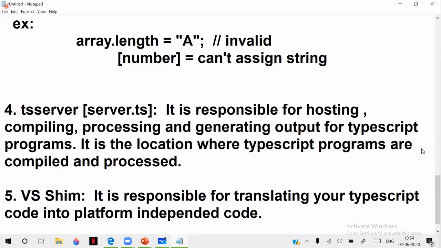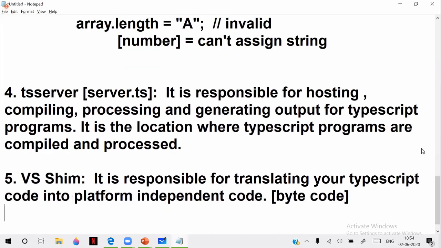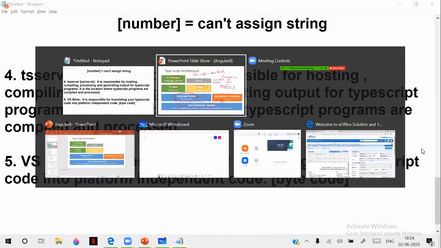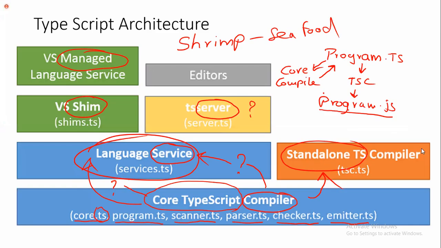Generally you call it technically bytecode, right? It is translated into that bytecode. That is what platform independent code is. That's what VS Shim does.